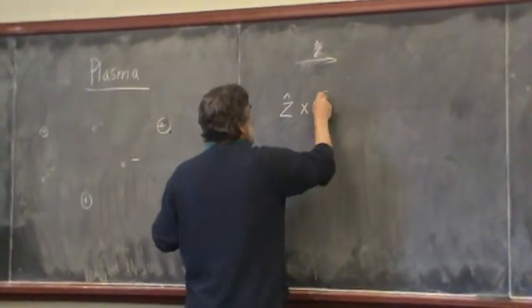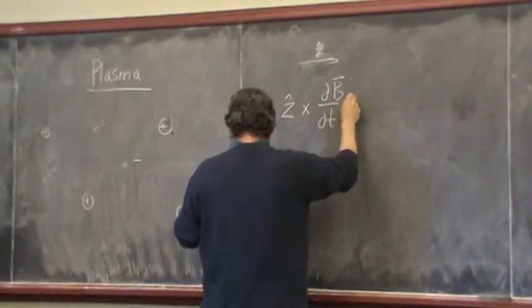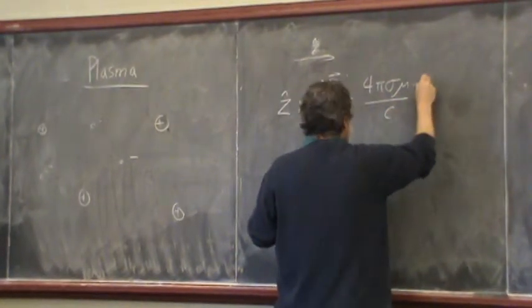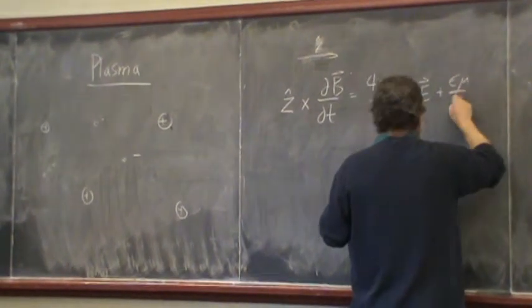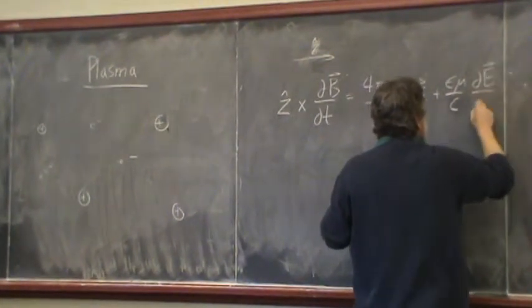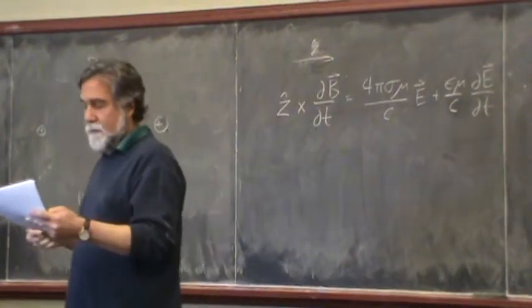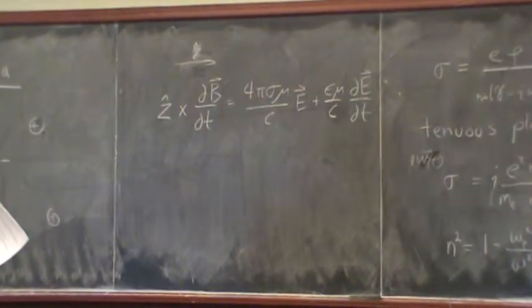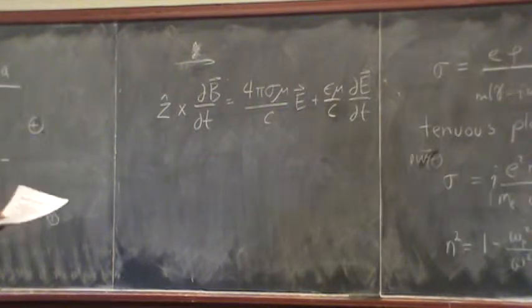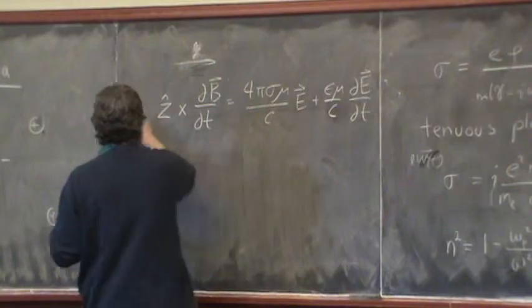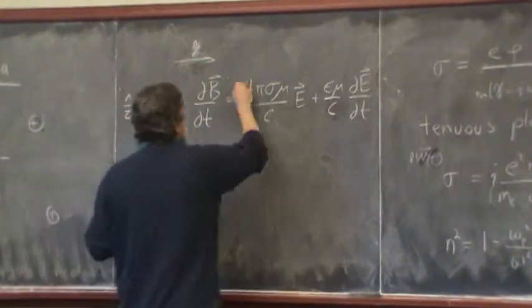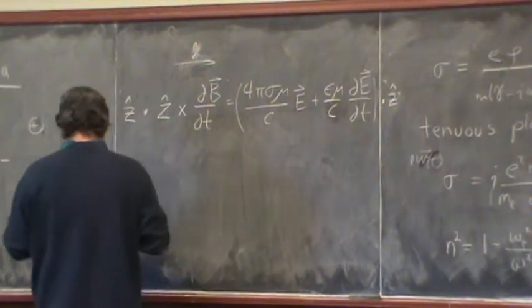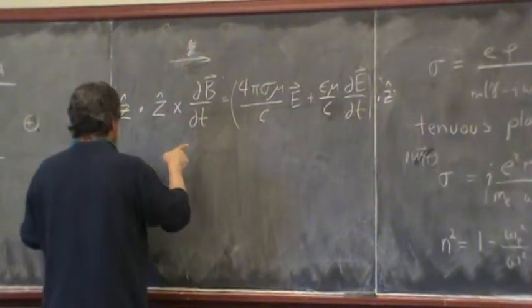But we end up with a relationship that looks like this. Let's dot that into Z. And I end up with this. This goes away.